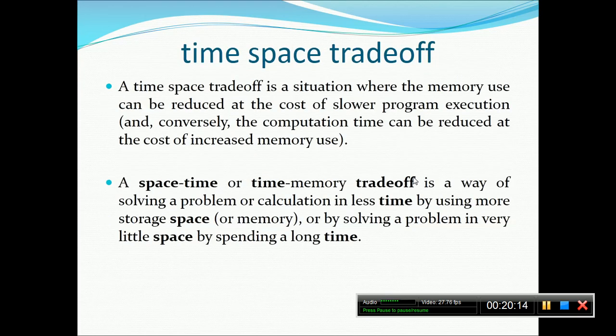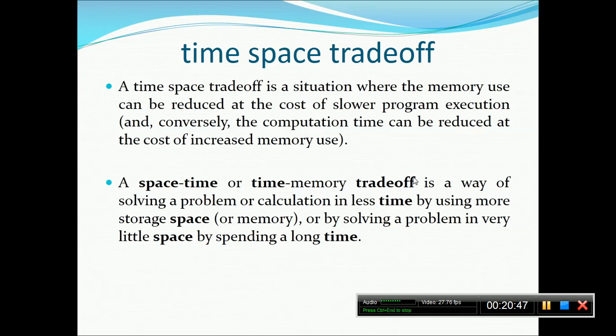Come to the time-space trade-off. Now the time-space trade-off is a situation where the memory use can be reduced at a cost of slower program execution. Means that whatever the memory requirement you have would be reduced, given that your overall execution of the program would be slower, or conversely the computation time can be reduced at the cost of increased memory use.